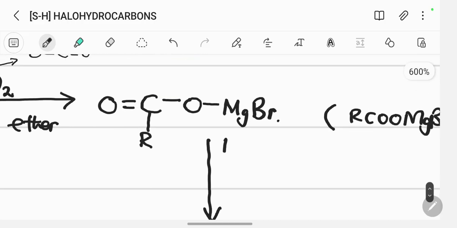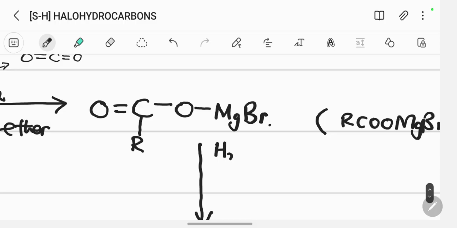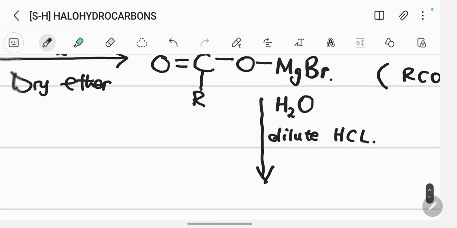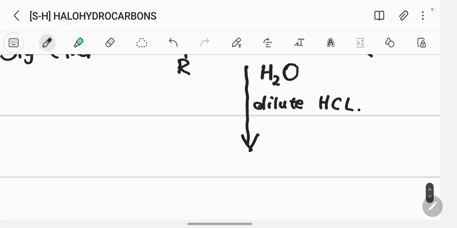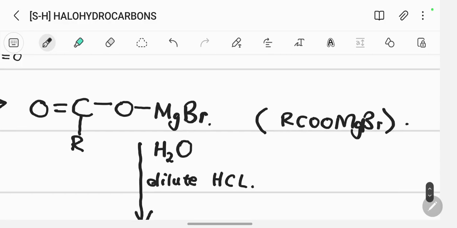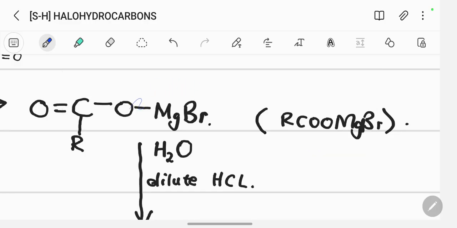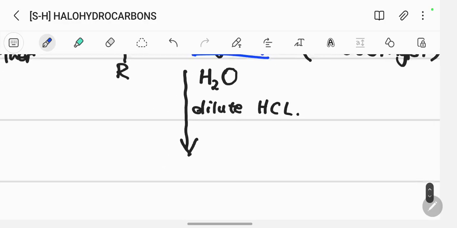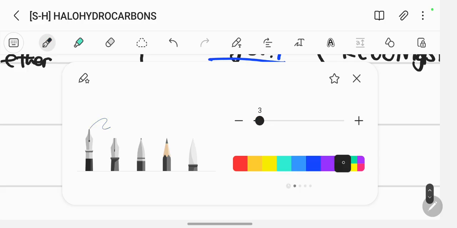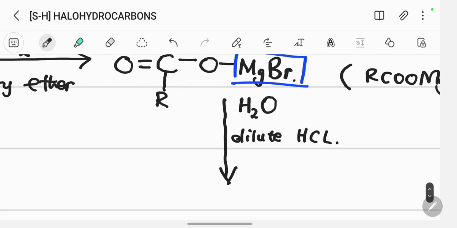So add there water and dilute hydrochloric acid. So what do we form? When we add the dilute hydrochloric acid, this is going to be taken off and be replaced with hydrogen atoms there.